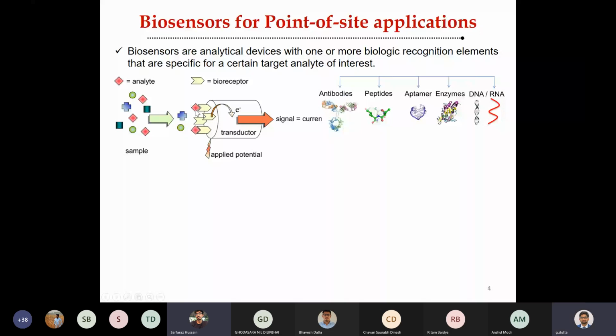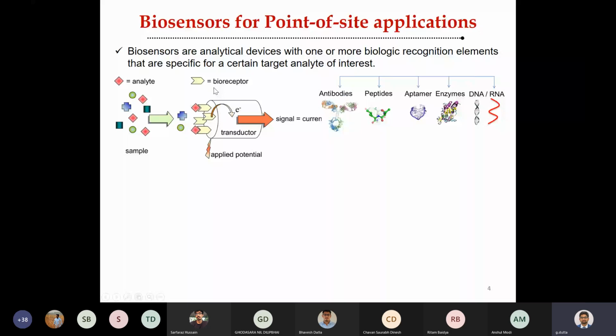If the analyte is a virus, then the bioreceptor is going to be some kind of virus-selective antibody. I will come to that point; the biosensor should be very selective.